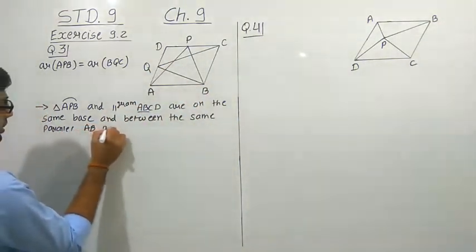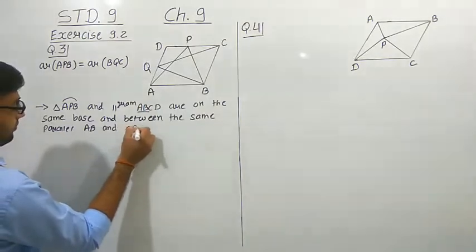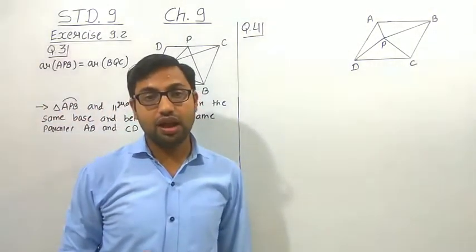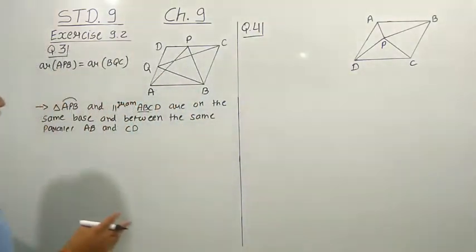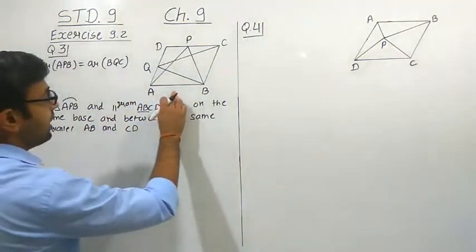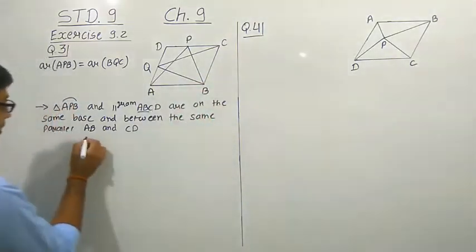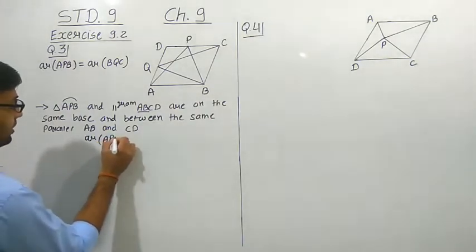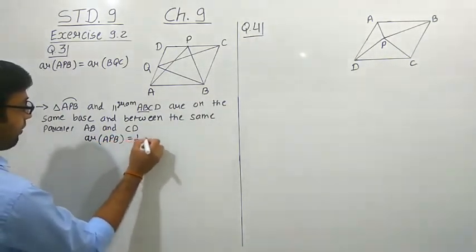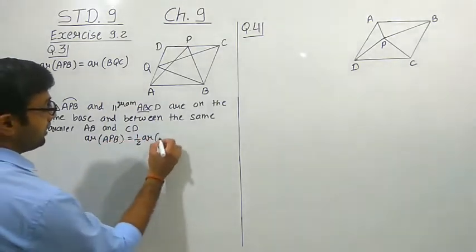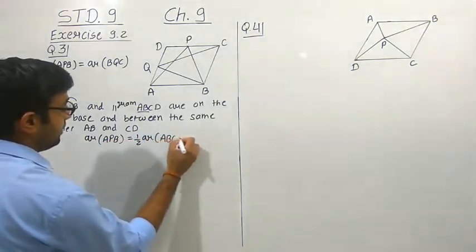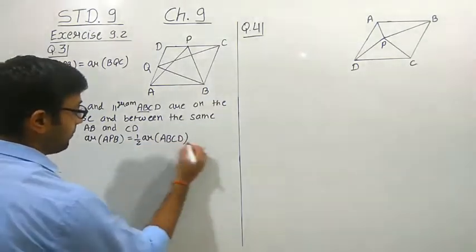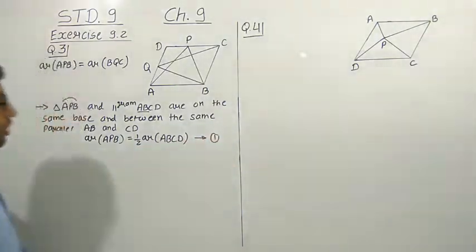So one of the results that we have proved from theorem 9.1 is that if a triangle and a parallelogram are on the same base and between the same parallels, then the area of APB, that is the area of the triangle, is equal to half the area of ABCD. Right? So the area of the triangle is equal to half the area of the parallelogram. Give it equation number 1.